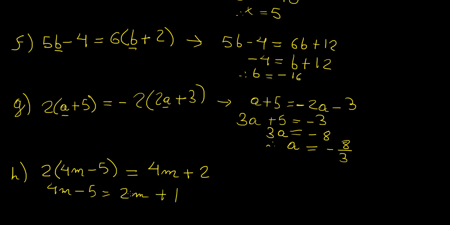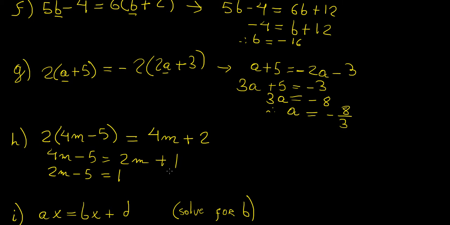Now we could move this to that side by subtracting 2m from both sides, so that becomes 2m minus 5 equals 1. Okay, so we can add 5 to both sides, that's 2m equals 6. And then divide both sides by 2, m is going to be equal to 3. And you can always check that by just plugging into the equation again and seeing whether it is satisfied.